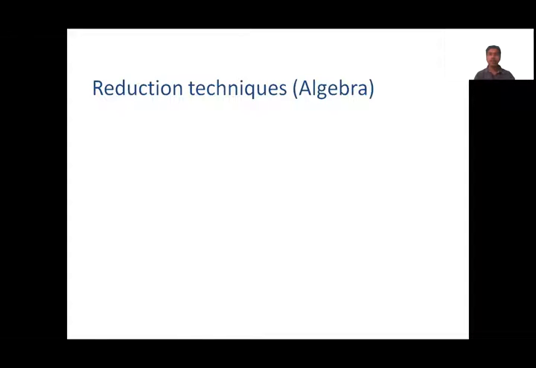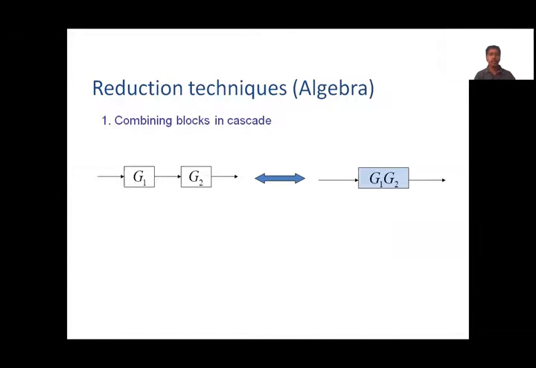So now we'll see one by one what are the different reduction techniques available for reducing the complex block diagram into a simplified one. The first one: there may be a possibility of two blocks or two subsystems connected in a cascade form. So how to represent this in a single block? We already know that when two blocks are connected in cascade, the overall or combined gain or transfer function is simply the product of the two subsystem gains.